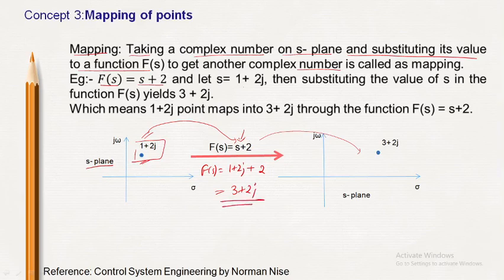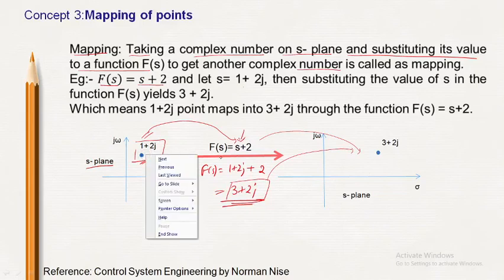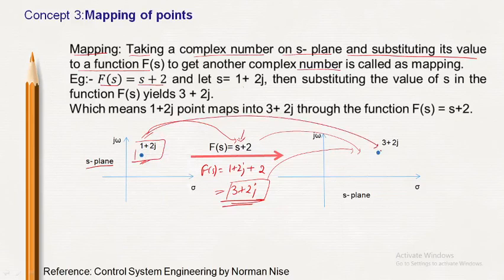So I am substituting the complex number and I get another point, and now if I plot that point in the S plane, I'll say that we had the point 1 plus 2j, which mapped into 3 plus 2j through the function S plus 2.